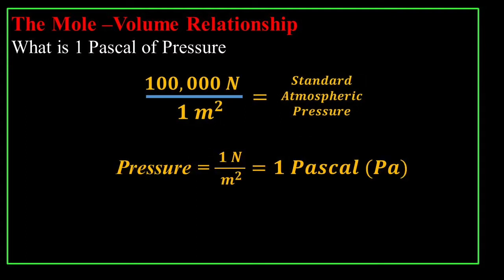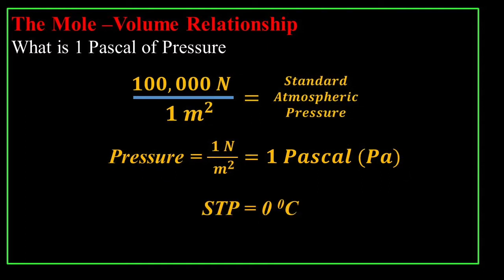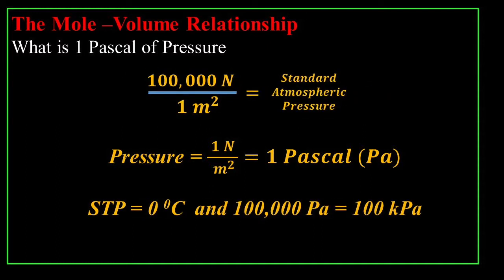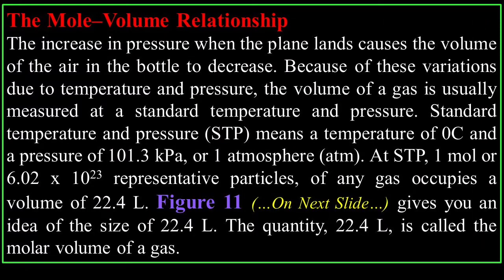Pressure equals 1 newton over square meter, and that's a Pascal. That's where you get a Pascal. So STP, standard temperature and pressure, is 0 degrees Celsius and 100,000 pascals, or 100 kilopascals. So that's actually the accepted SI value. It's not 101.3 kilopascals. It's going to be 100 kilopascals.